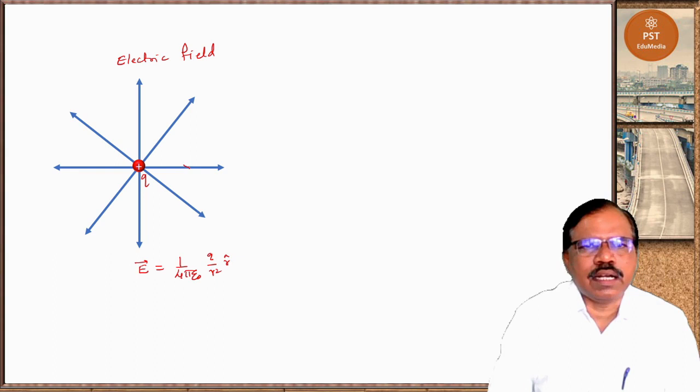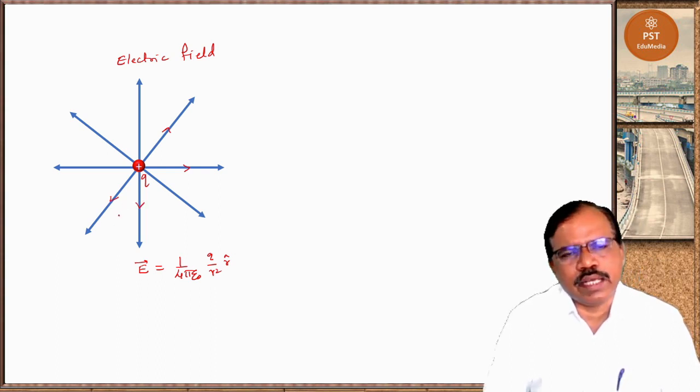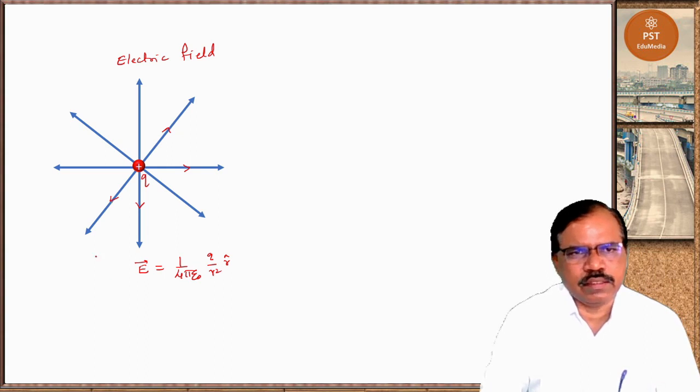So here it is along this direction, here it is along this direction, and so on. If we see any two electric force lines, as we go away from the charge, the separation between them goes on increasing. So this field is a non-uniform field.